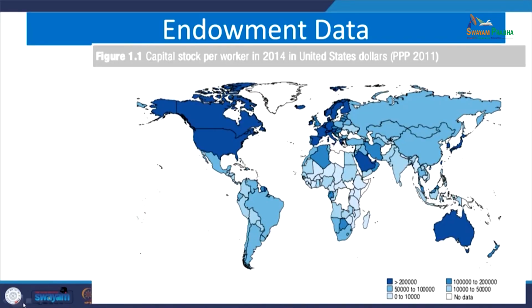Here what I observed is that capital stock, as part of endowment, we discussed a number of times. So, how the capital stock is determined must be discussed. Capital stock is determined by various factors, but here the extent of capital stock is measured per worker as per the latest available report.